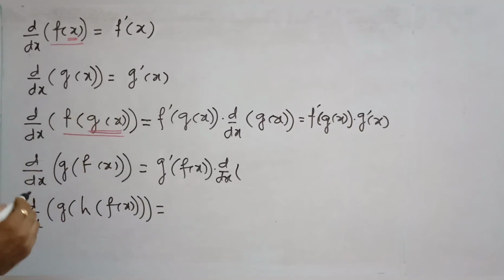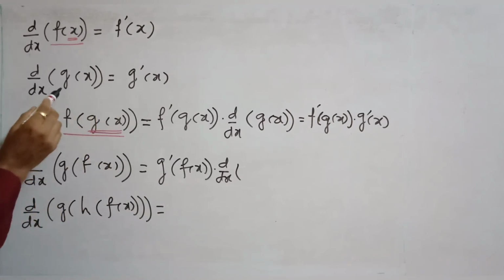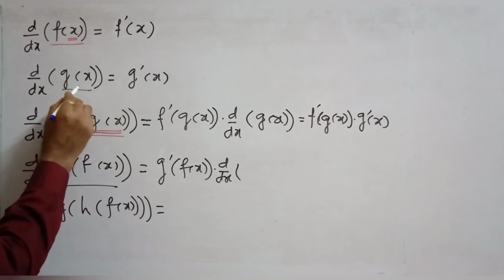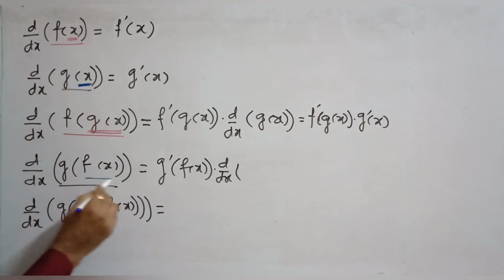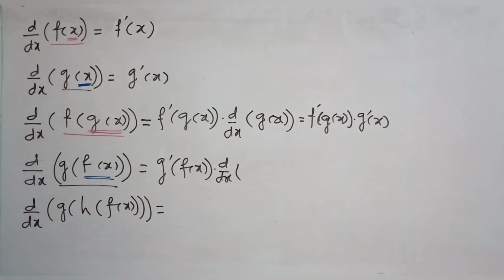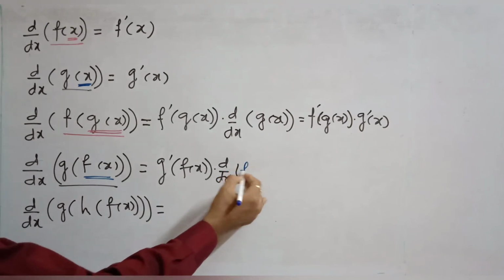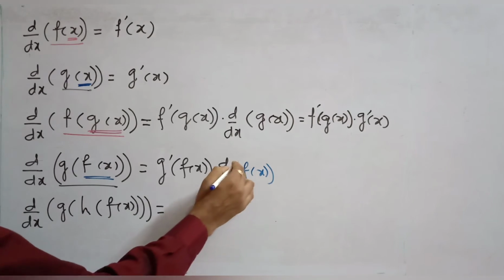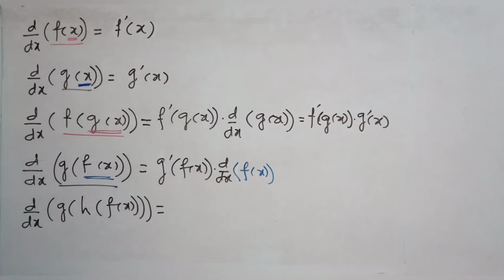replacement of x when these two are compared. G of x and g of f(x), when they are compared, x is replaced by f of x, so d by dx of f of x. And what is d by dx of f of x? D by dx of f of x is f dash x.